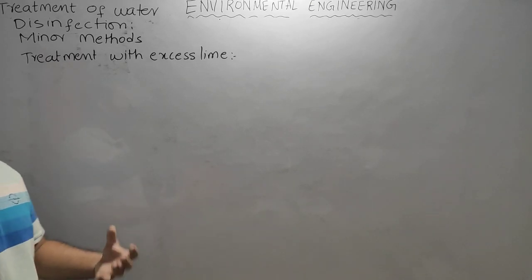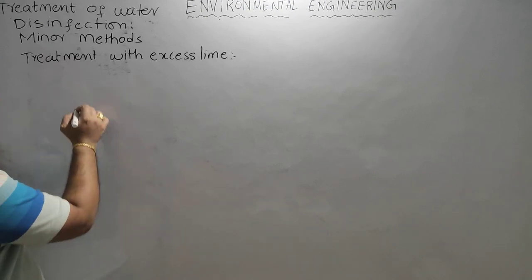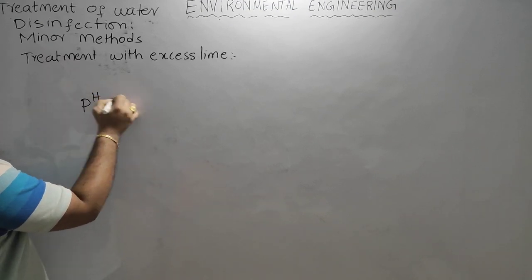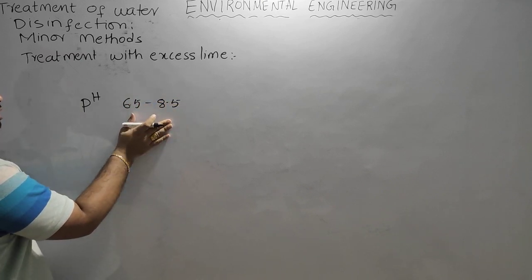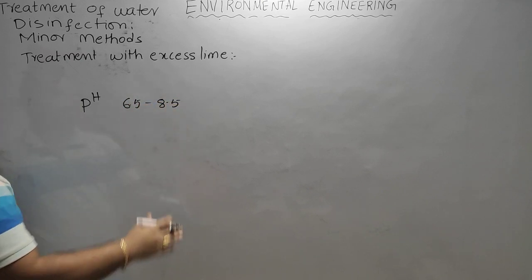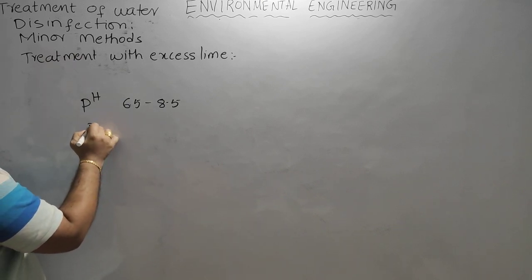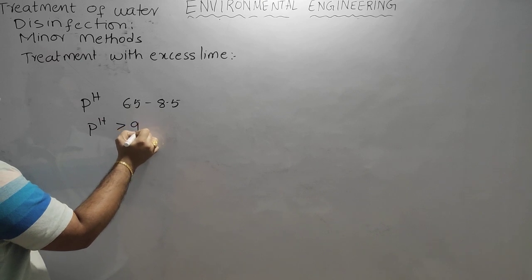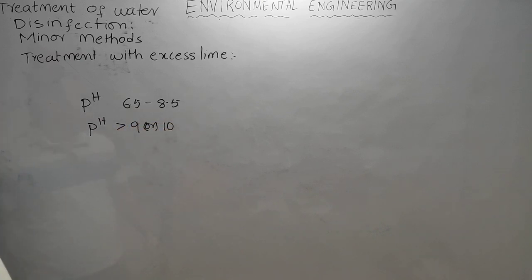When we consume water we need a pH range of 6.5 to 8.5 for our survival. This is the limit of pH in which we can consume the water. If the pH is greater than 9 or 10, then it is harmful to us.